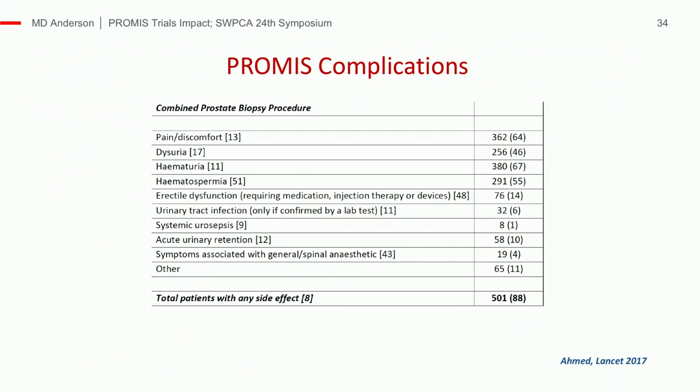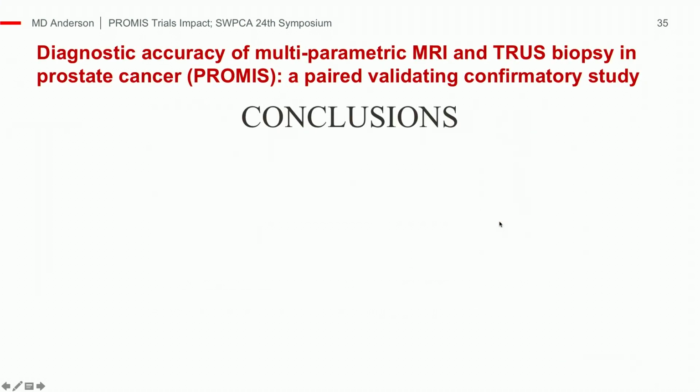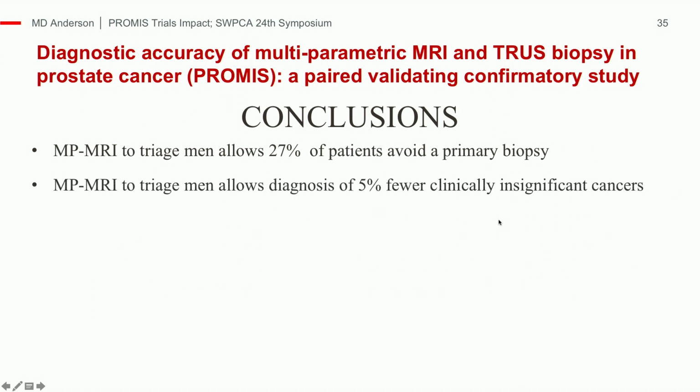One of the things that they looked at in the PROMIS trial was the complication rates: pain and discomfort, hematospermia, urinary retention. These were particularly high in all of these patients because of the template biopsy and the number of cores required for that gold standard test.